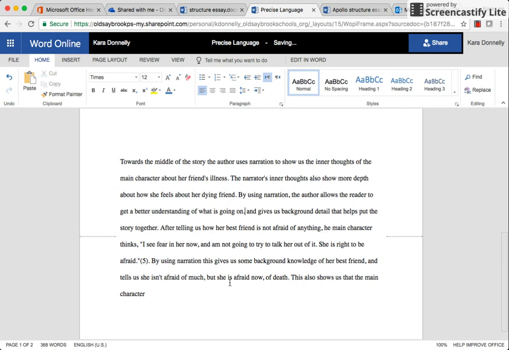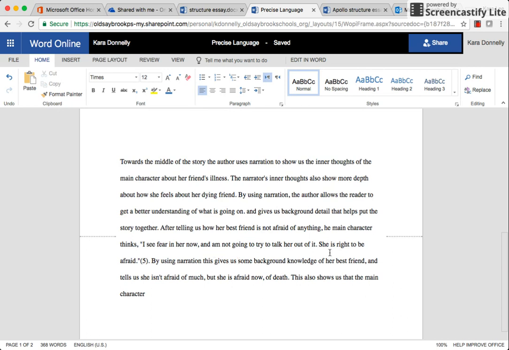It seems like what is going on is that the main character, looking at what's happening here in the rest of the paragraph, what is going on seems to be that the narrator is afraid of death. That seems to be what she's talking about.